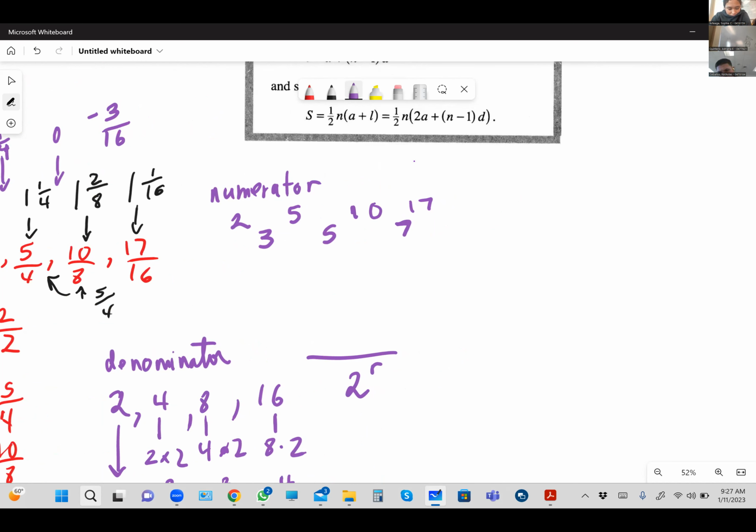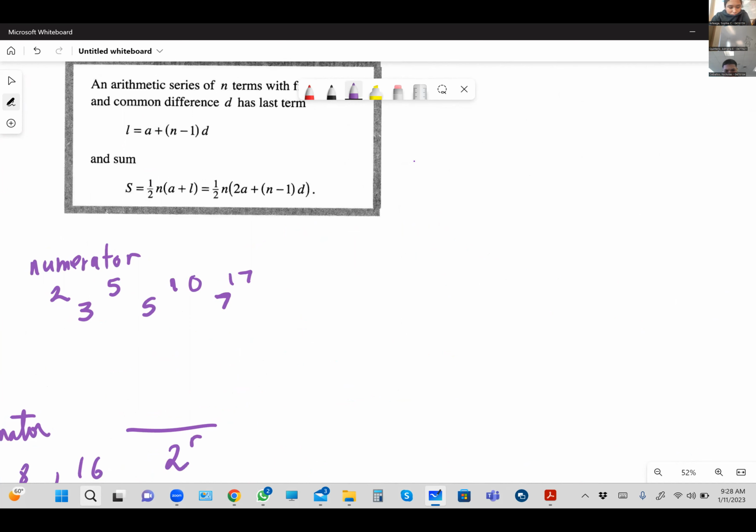Okay, an easy way to replicate the 3, 5, 7 is kind of like the question we did earlier. For instance, when we did 2n minus 1, when we did 2 times 2 minus 1, we got 3. When we did 2 times 3 minus 1, we got 5.